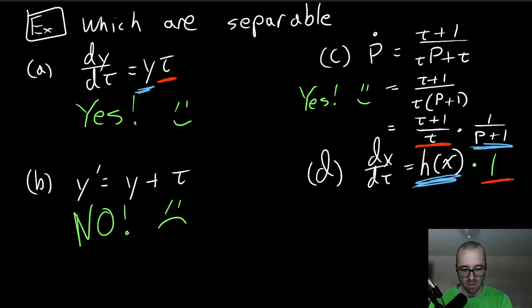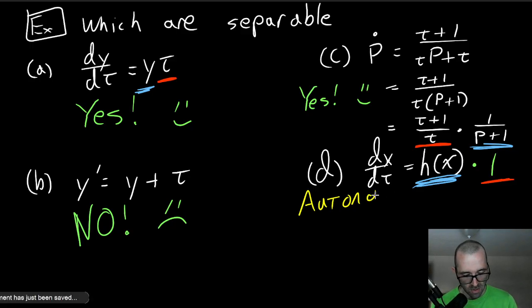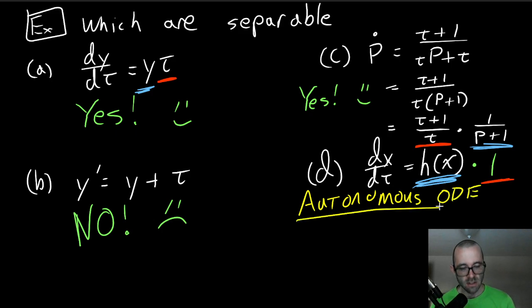This last one is what's known as an autonomous differential equation. And what autonomous means is that the right-hand side has no independent variable. Honestly, we've mostly been dealing with autonomous ODEs so far.